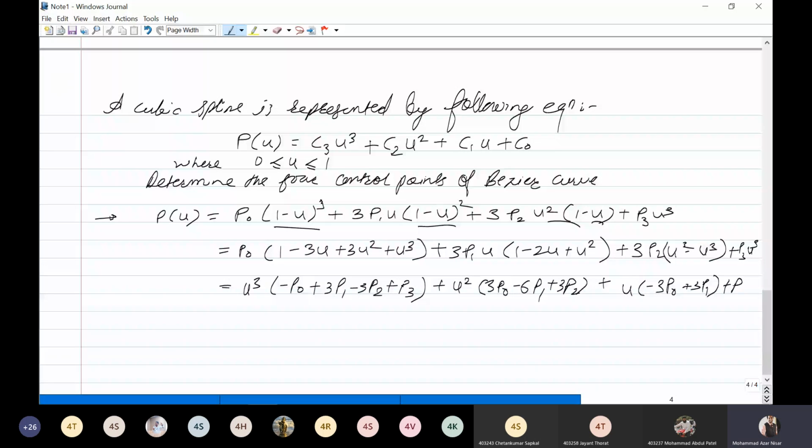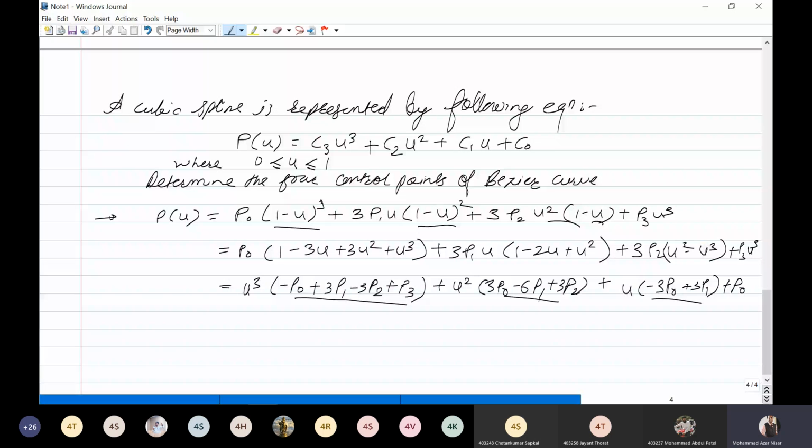If the equation curves represent an identical cubic spline curve, then this I will consider as C3, this as C2, this as C1, and C0 equal to P0.